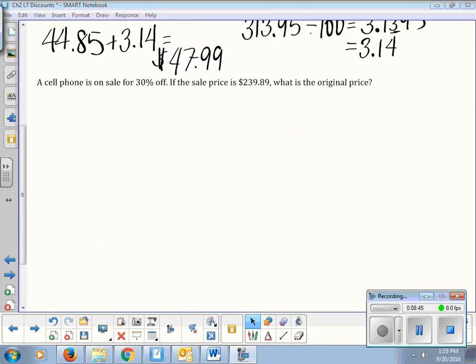For our last example, a cell phone is on sale for 30% off. If the sale price is $239.89, what is the original price? So what are we looking for here? The original price. So do we know our denominator?